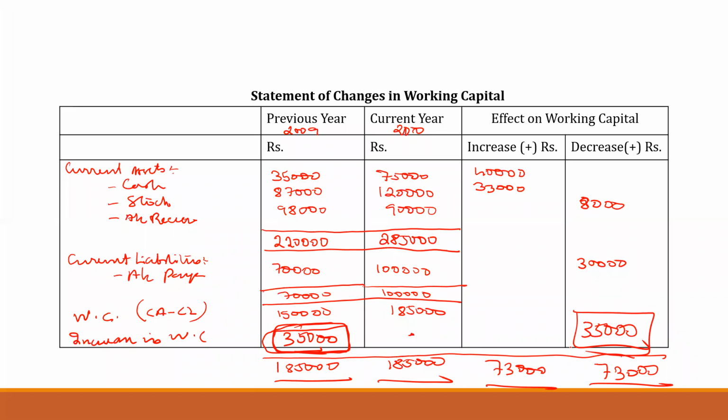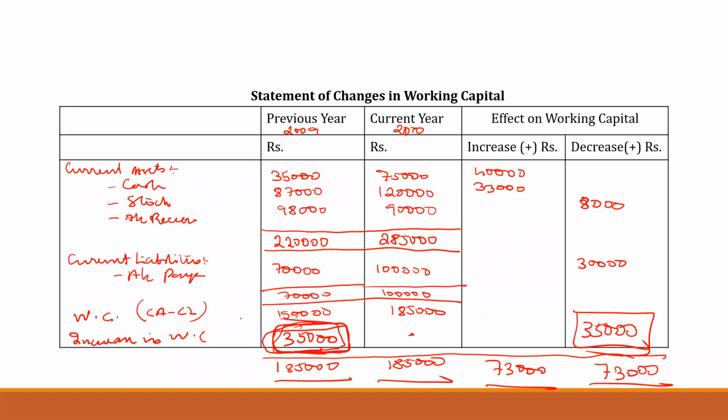The main thing is that after finding out the working capital for 2009 and 2010, you should see which year is more. In 2009 it is only 1,50,000. In 2010 it is 1,85,000. So what we can understand is that working capital has increased by 35,000. So the increase in working capital is 35,000.